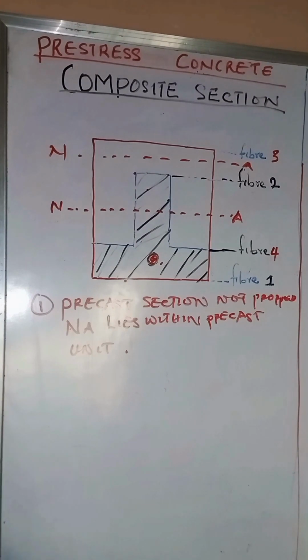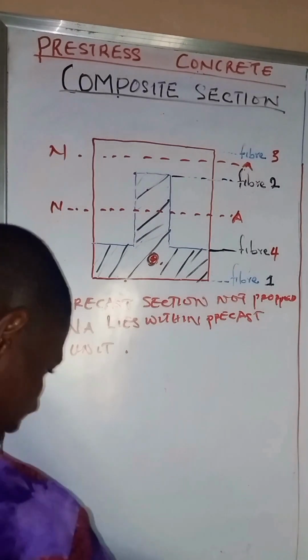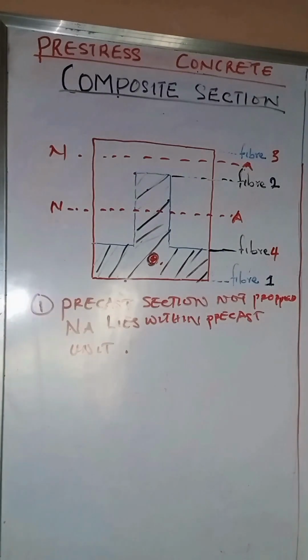Now, in looking at the stresses for this, we need to look at the loading conditions. Remember that the two basic loads that are going to be acting on this beam are the live load and the load due to self-weight.